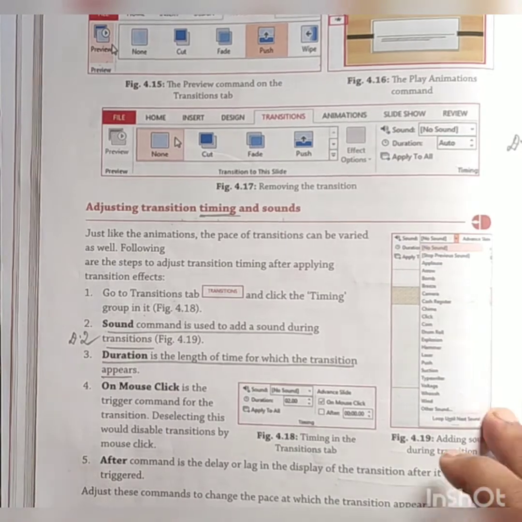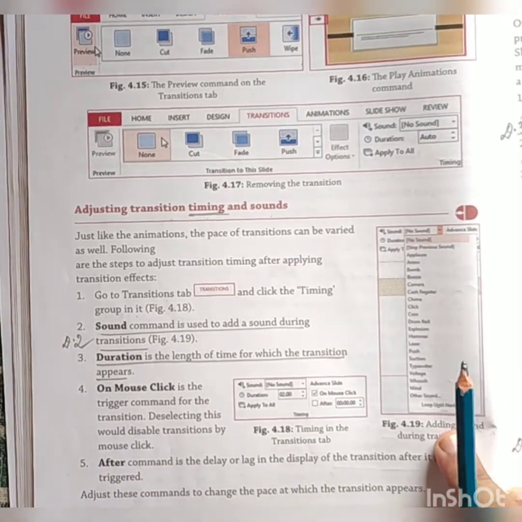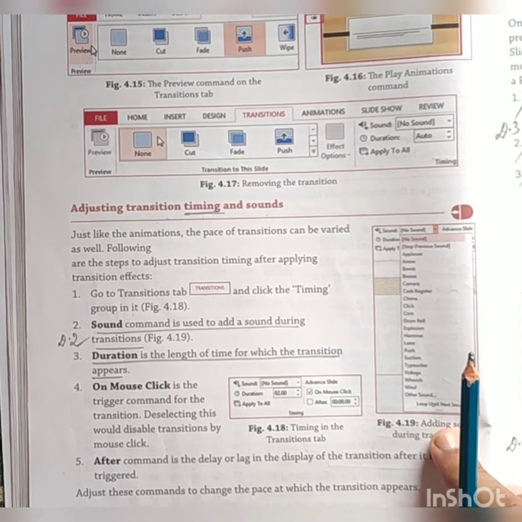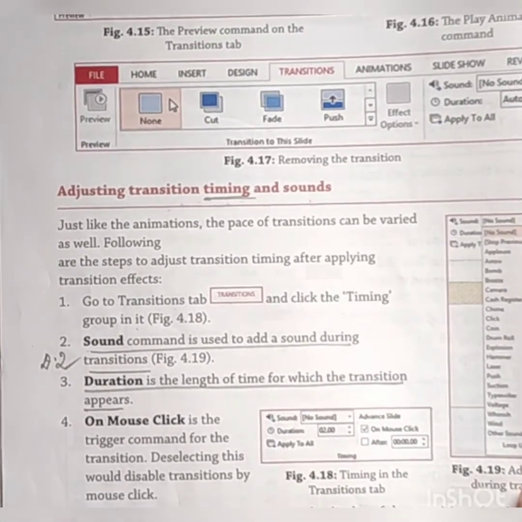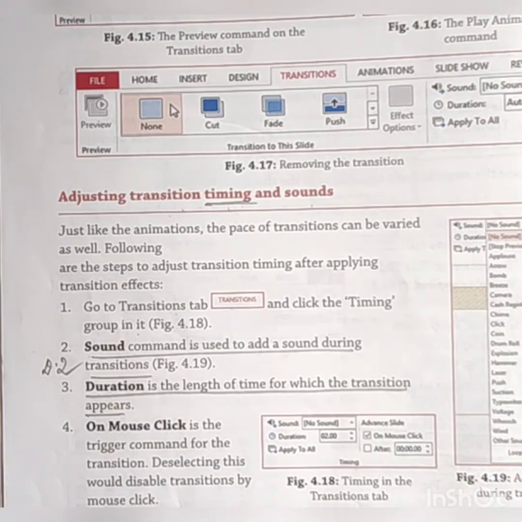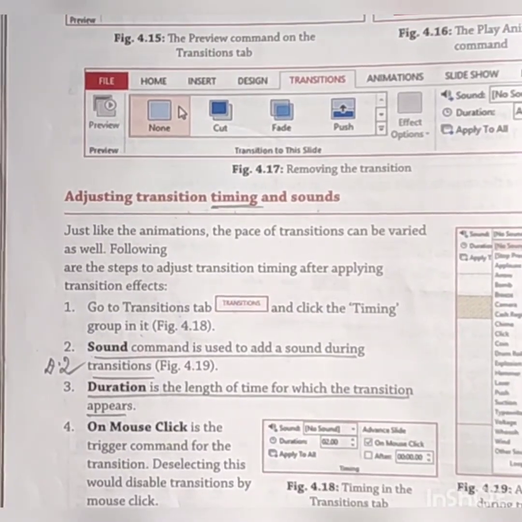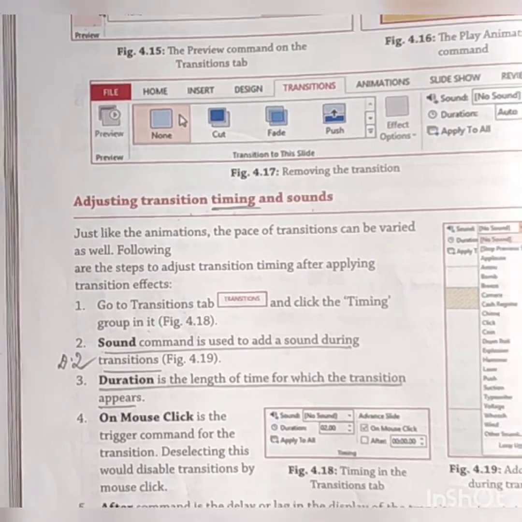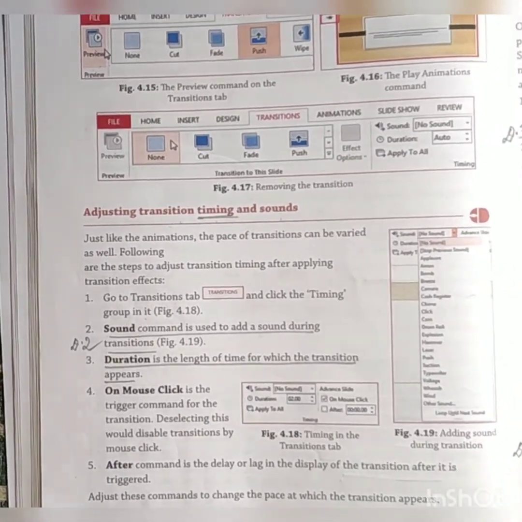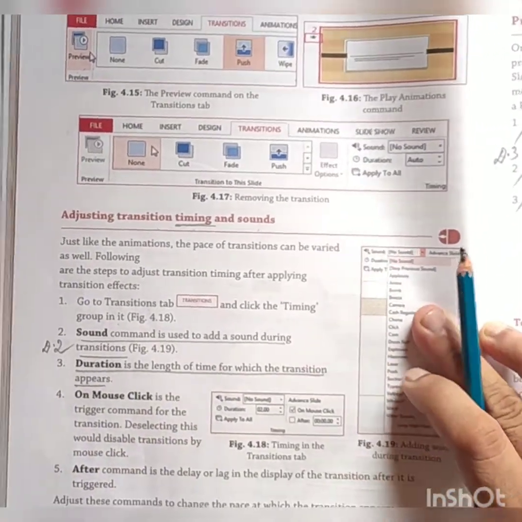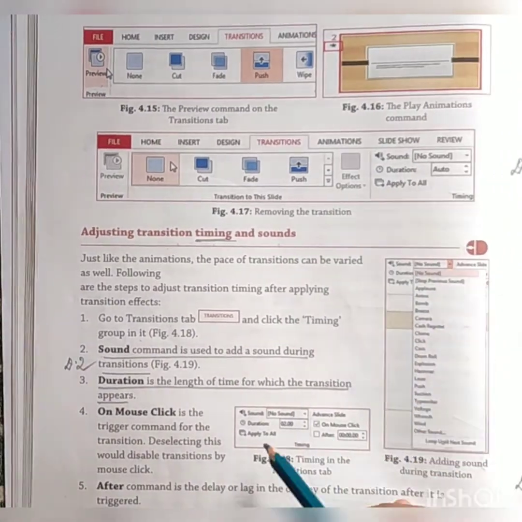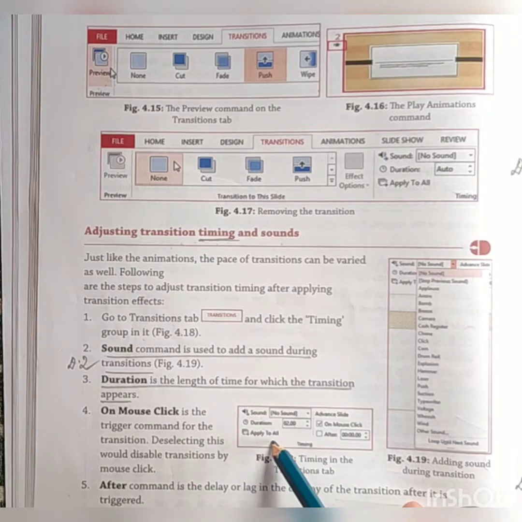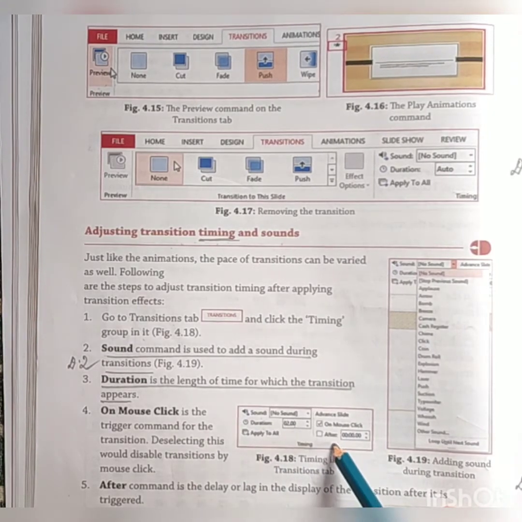After clicking on the timing group, you will get this table, where you will get sound, duration, apply to, and mouse click after.